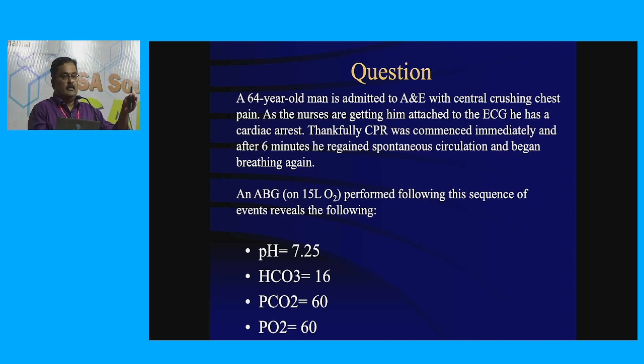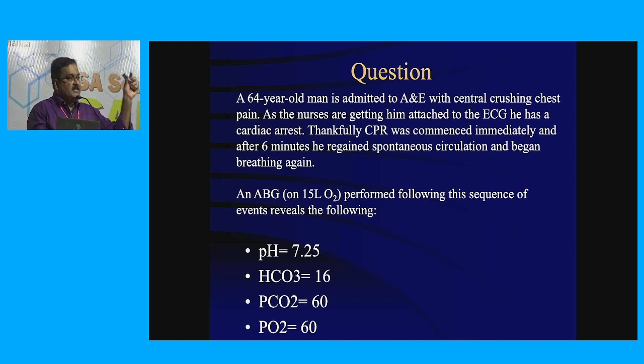Anybody? So respiratory acidosis. Here you can see pH is down, so this is an acidosis. But you look at bicarbonate, it is also down. Both bicarbonate and the pH are down. So which is the primary disorder? Here what you do is you see the percent change.